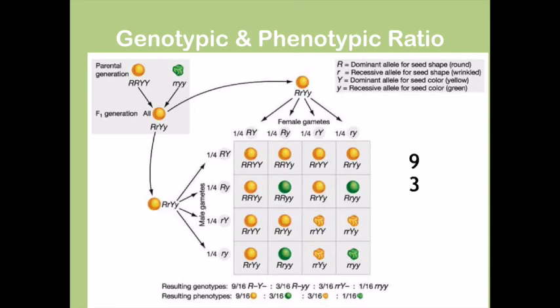Now I have 3 wrinkled yellow seeds, and I have 1 wrinkled green seed. Only 1. So in this case, my ratio is 9:3:3:1 for both the genotype and the phenotype.